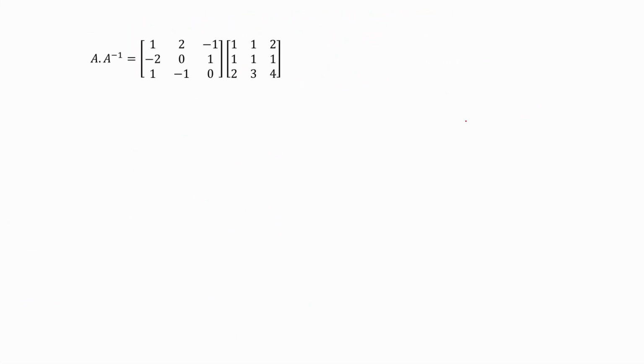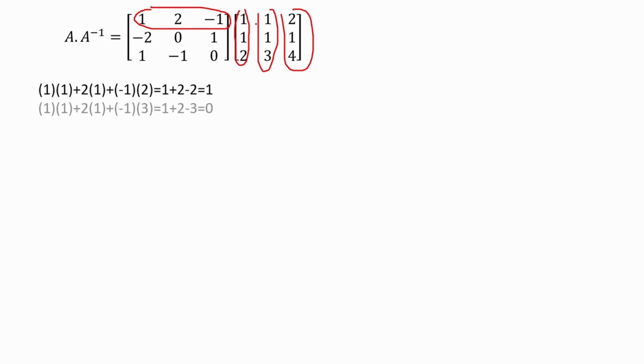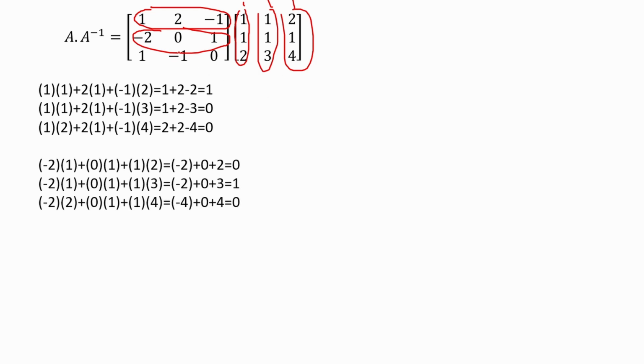Let's prove it by doing multiplication between matrix A and the inverse of matrix A. Let's make it quick. This one times this one, and then this one, and then this one. This one times this one, this one, this one. Then this one times this one, and this one.